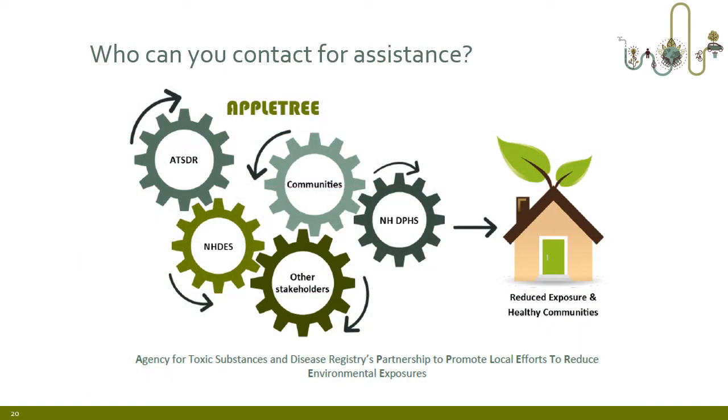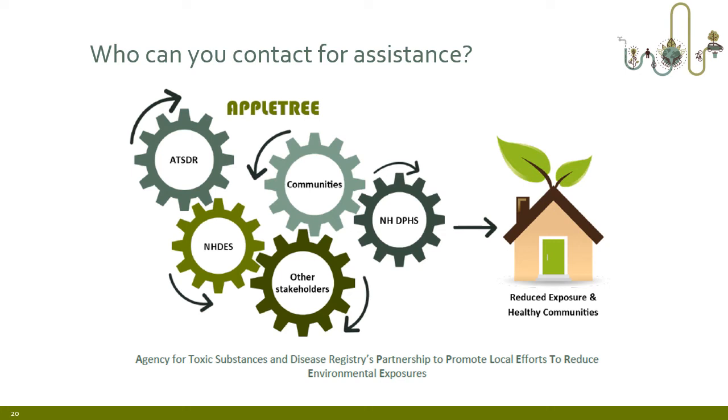The great news is that you have many resources available to you to help with navigating these challenges when they arise. These include a wide array of community, state, federal, and other resources that work together. One resource available in New Hampshire is the APPLETREE Program that works to help communities reduce exposures to environmental hazards.